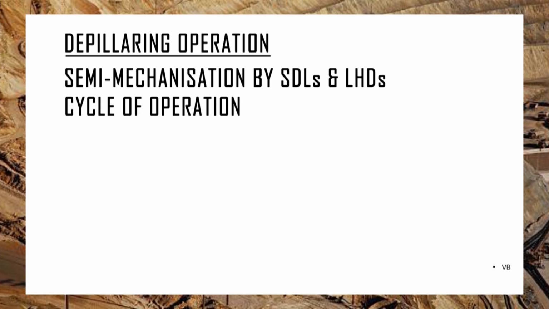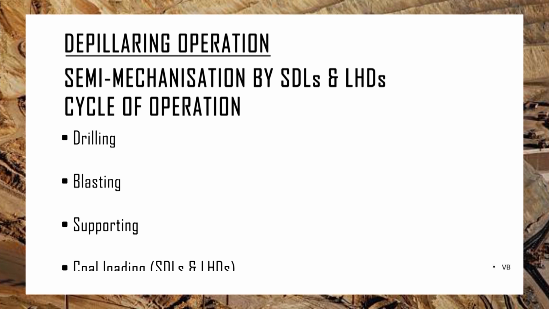Cycle of operation, the next point. The cycle of operation is: first drilling, second blasting, third supporting, and last coal loading through SDL and LHD. The drilling machine used is an electric coal drill machine. After the completion of drilling, we go for the blasting process.